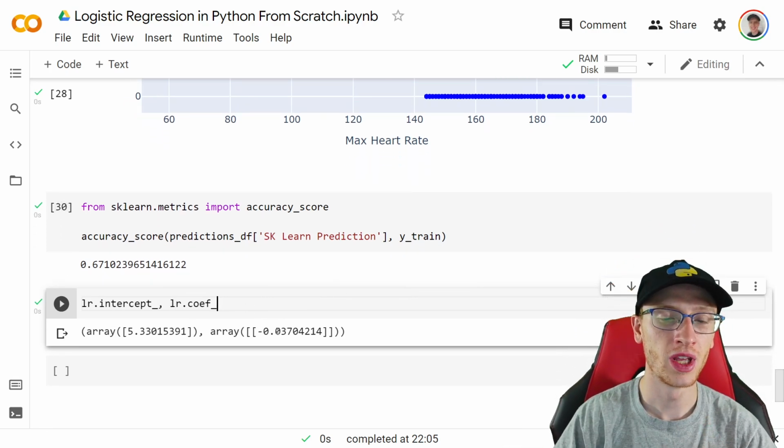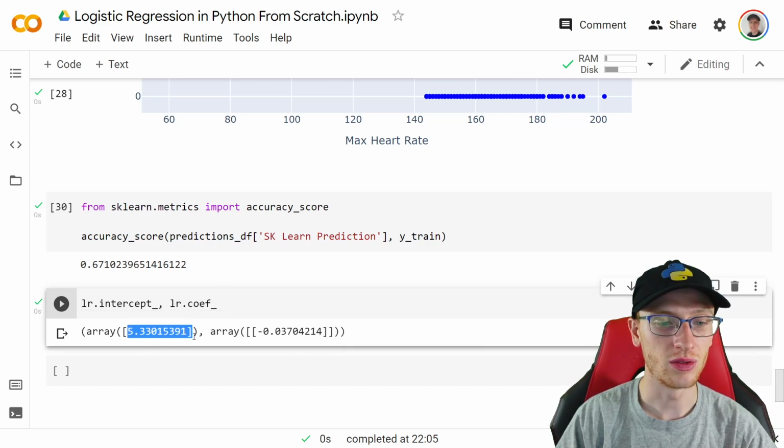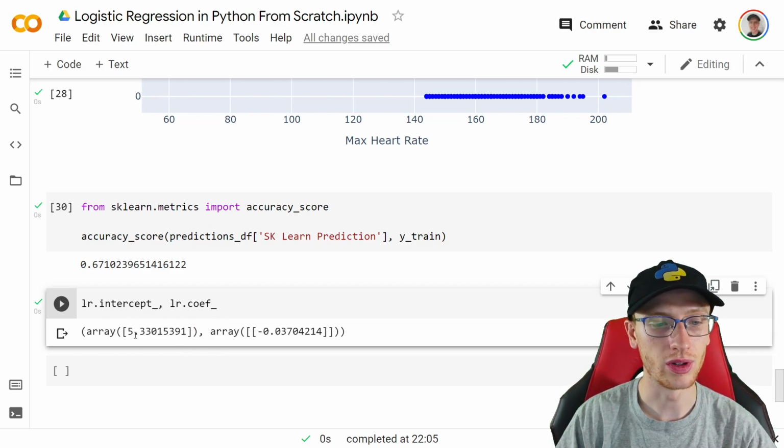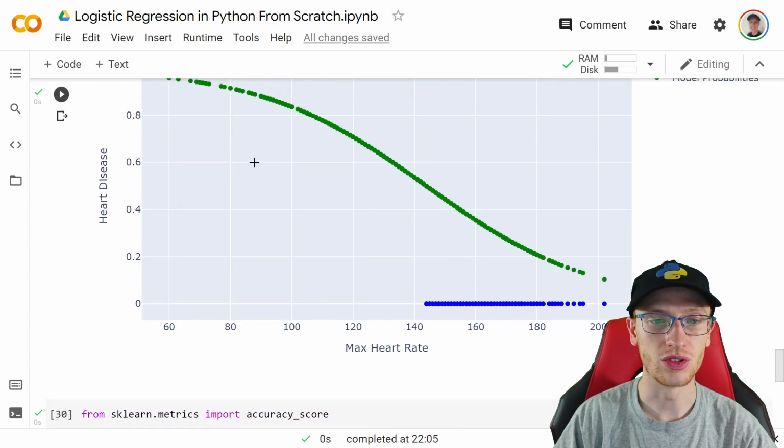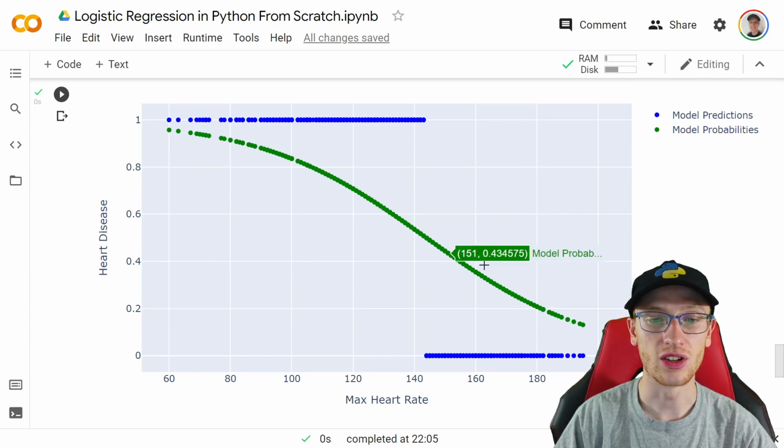We're learning numbers that try to minimize the error. So Scikit-Learn optimized this and got what we'll call alpha hat. The intercept is alpha hat equal to 5.33, and we'll call beta hat negative 0.037. It liked those parameters. That's the curve it fit.